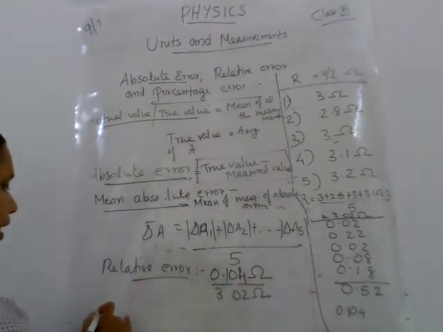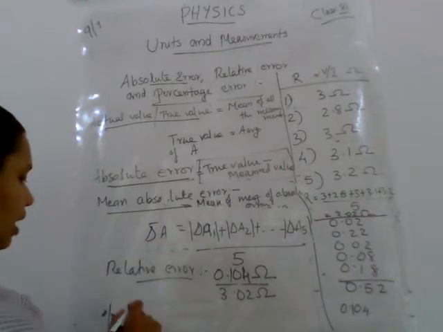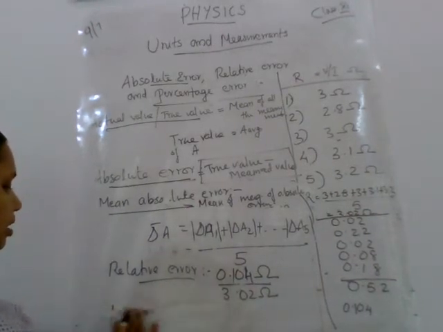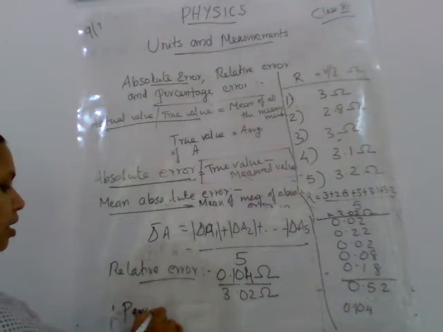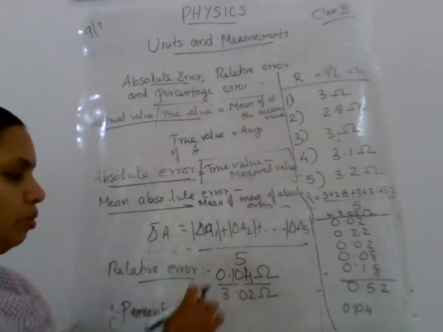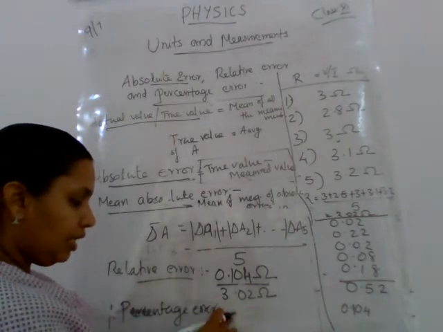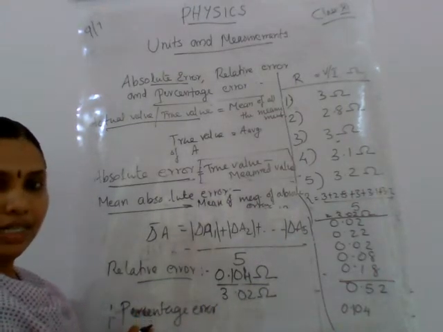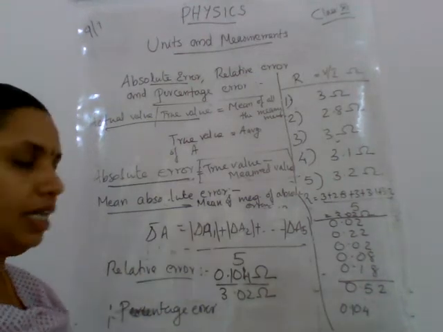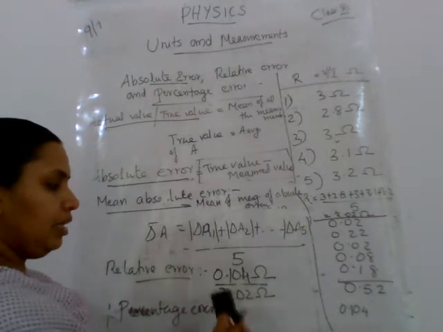And if this relative error is represented as a percentage, it is known as percentage error. Dividing this, we get the relative error, and multiplying by 100 will give you the percentage error. In terms of 100, we are representing it, that is the percentage error.